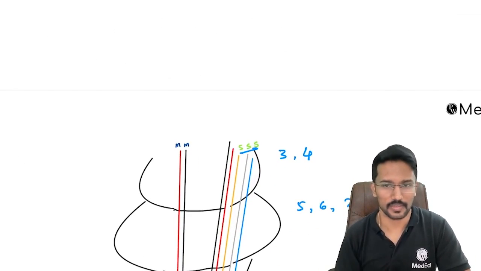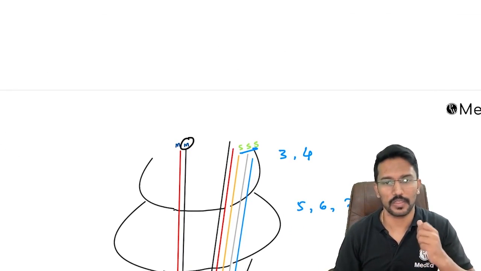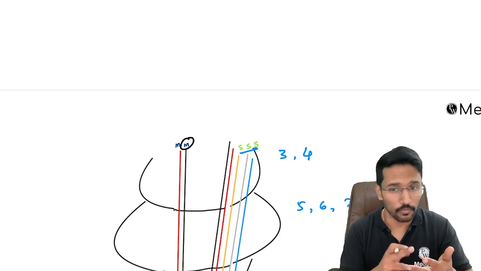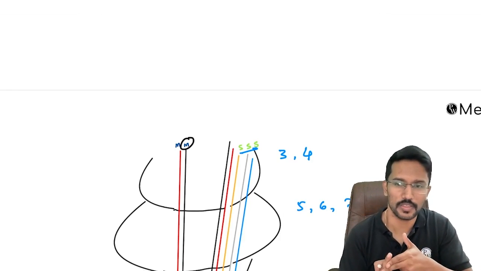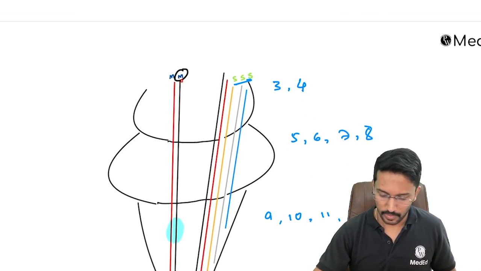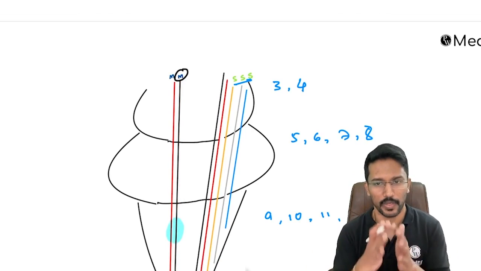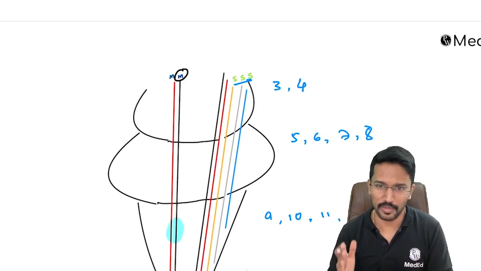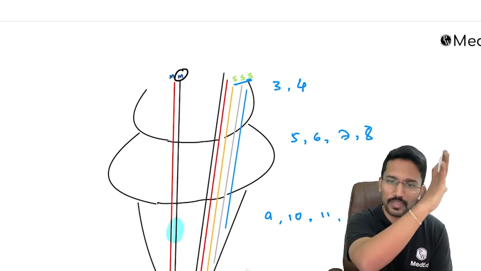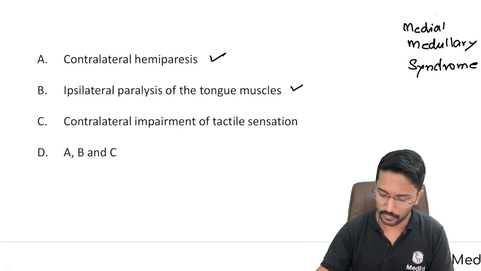The spinothalamic tract is present laterally, but the medial lemniscus is present medially, which is concerned with your fine touch, your vibration sensation and joint position sensation, which can be affected because even this medial lemniscus decussates at the base of the medulla, right? So from the spine, these dorsal column fibers ascend on the same side, but at the base of the medulla, they cross to the opposite side. So you can have that also, right? Contralateral impairment of tactile sensation.